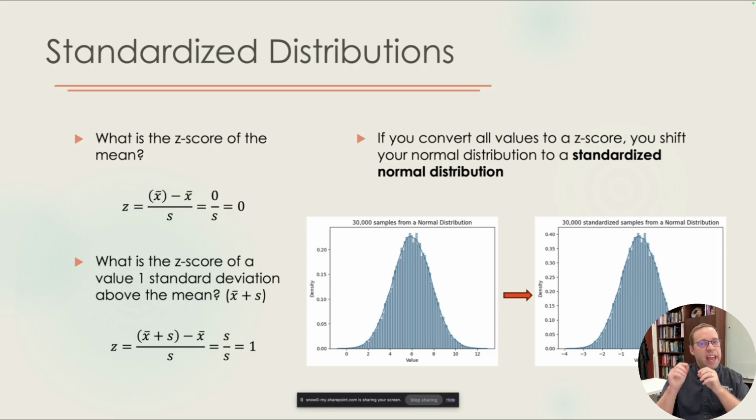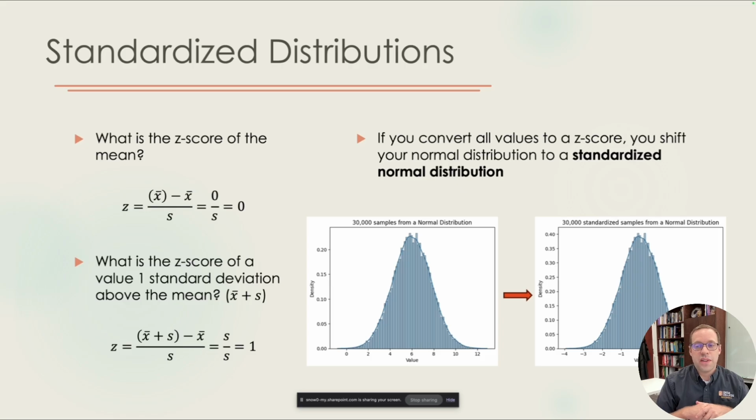If we were to take every single point and convert it to a z-score, then that takes my distribution and shifts it so that now the center of my graph is on 0, and it changes the shape so that it has a standard deviation of 1. And that's what you're seeing now on the right side of your screen here.